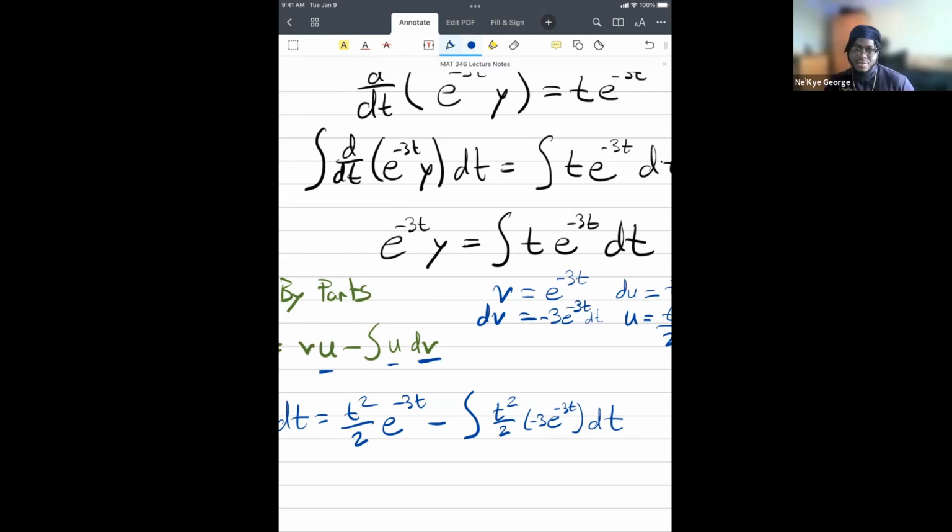Yeah, it looks harder to me. Yeah, it's actually gotten a little bit harder, but that's fine because we just made a choice of what v and what du was. And this didn't seem to work out. So what do I get to go back and do?